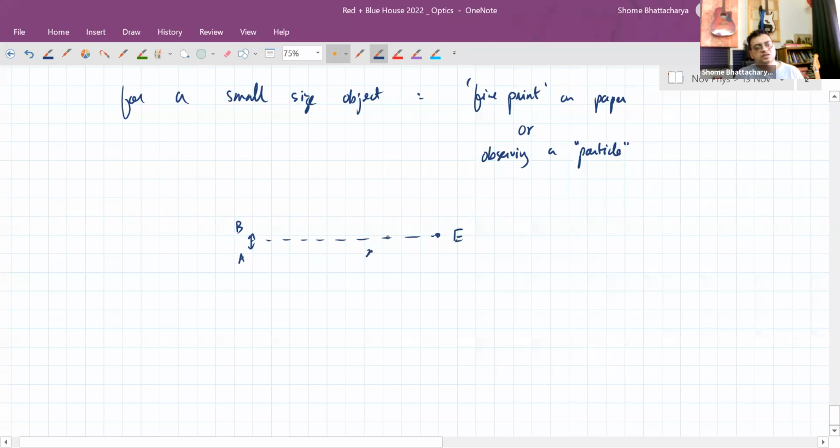If the distance from the eye is x, then we can take the angular size as more or less tan theta.